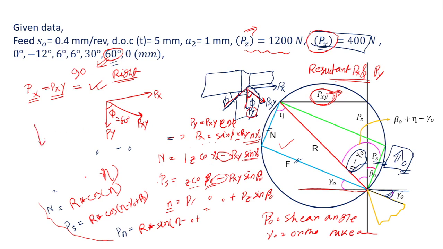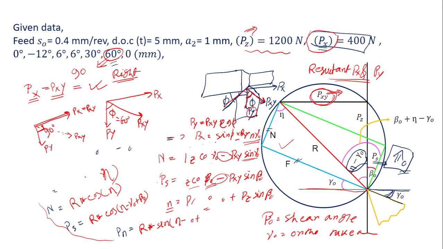This py will be as it is, this px will be as it is, but this pxy, which is initially here, will be changed to here, correct or not? Because this time the angle between this is 90 degree.